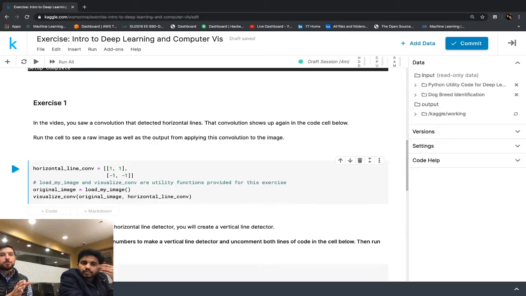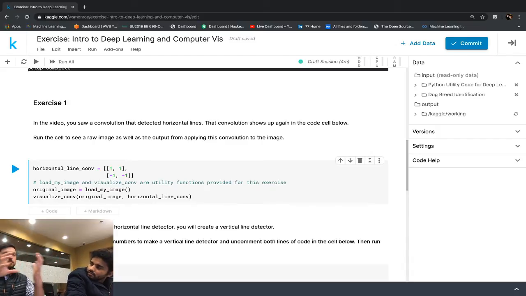It doesn't look like we're changing this filter, but this is really nice and indicative of what a convolutional filter does. This one detects horizontal lines.